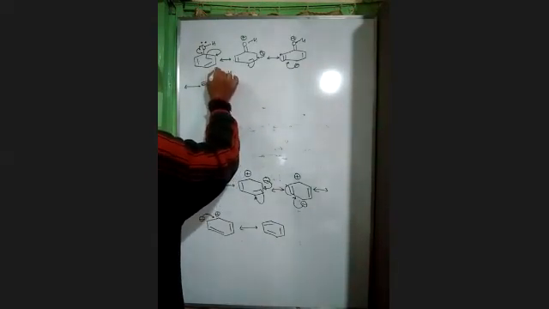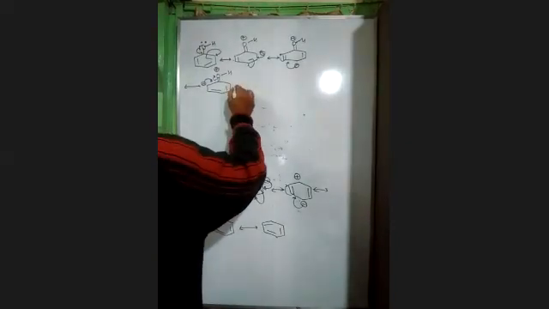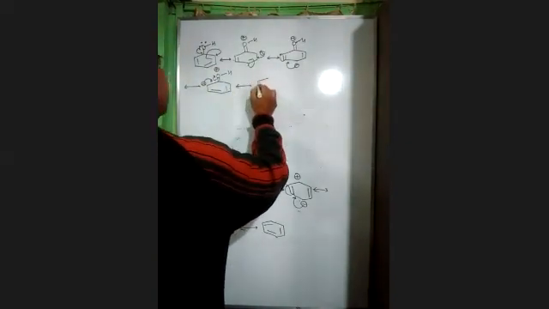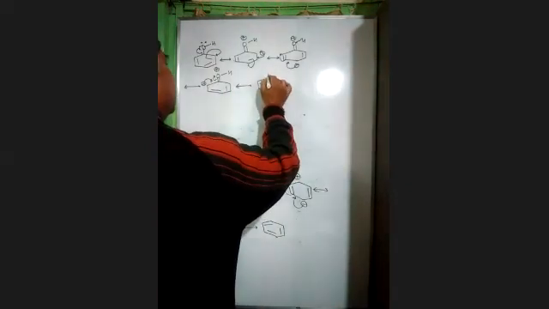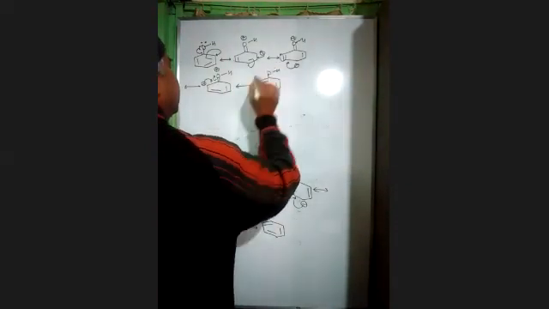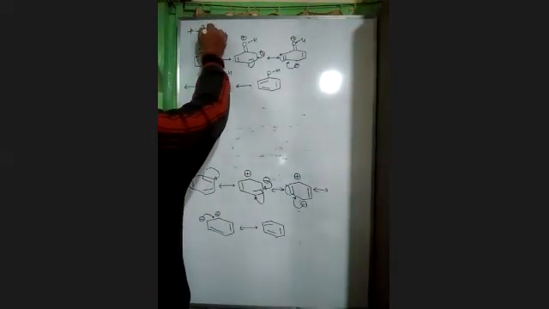Then the electron will go back to the oxygen. Here you will get this. This is called plus R.